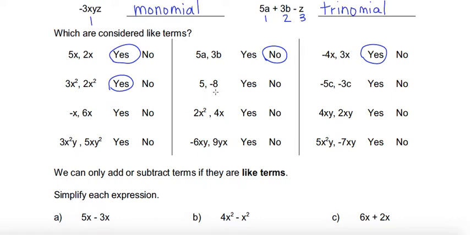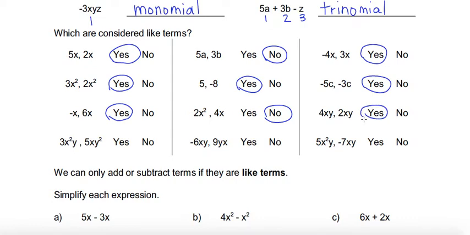5 and -8 are both constants. They have no letters, so those are like terms. -5c and -3c both have a c. They are like terms. -x and 6x, like terms. They both have an x. 2x squared and 4x, well, they both have an x, but one is squared and the other is not, so those are not like terms. 4xy and 2xy, they both have an xy.